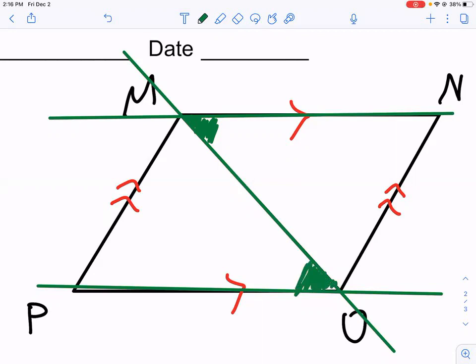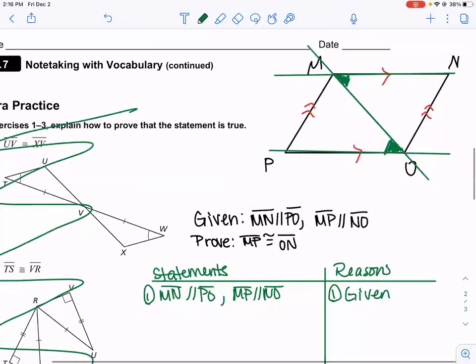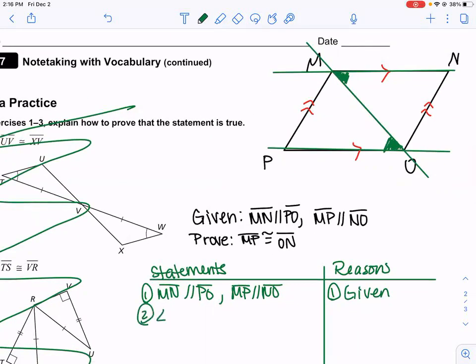Okay, so let's call them angles NMO and POM, because alternate interior angles are congruent.